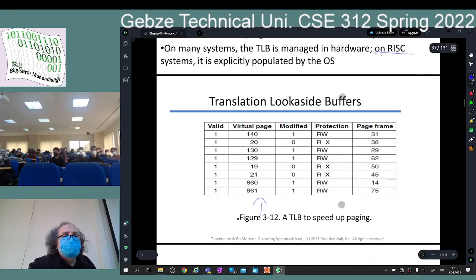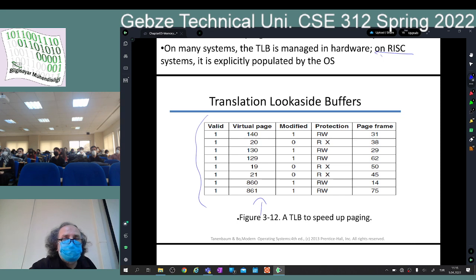You say, do you have the virtual page number 19? This TLB cache structure makes a search. It finds a line that contains 19 here, and it will return you this 50. 50 is your page frame number. So put 50 at the beginning of your offset, and this is your physical address. That's how the cache works.